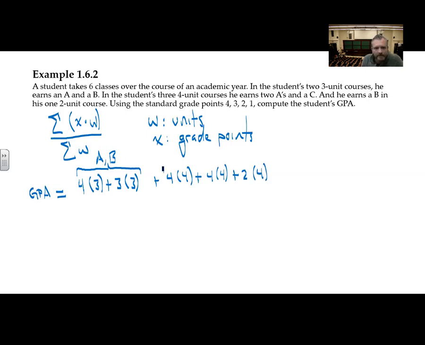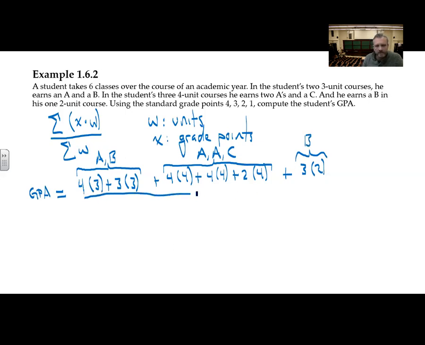So here this sum is the A, A, and C in the 4-unit courses. And then finally, a B in his 1 2-unit course. So a B is 3 grade points in his 2-unit course. So that represents the B in the 2-unit course.